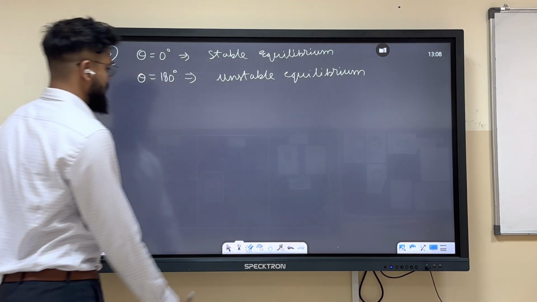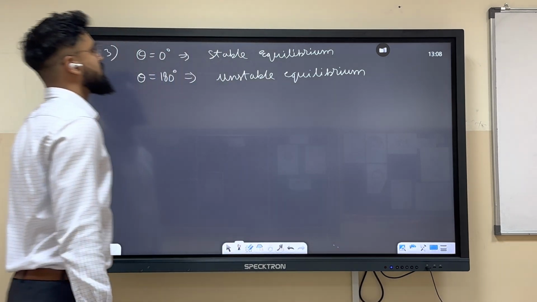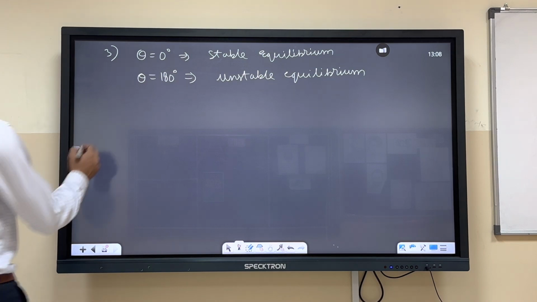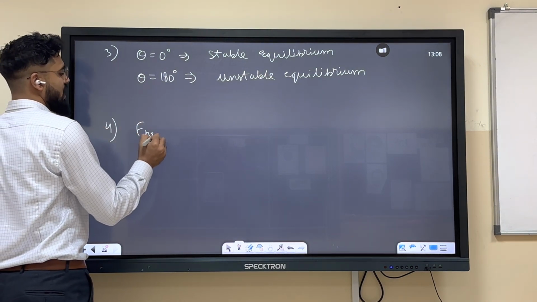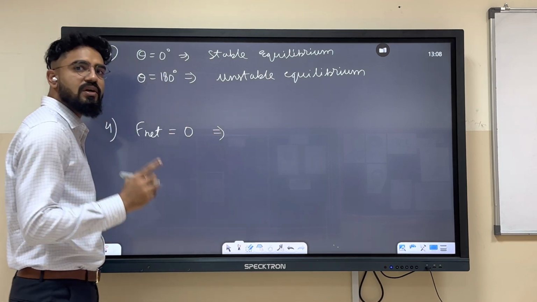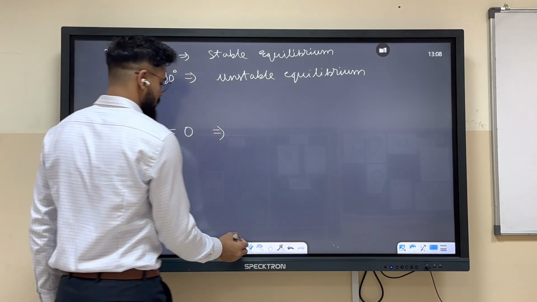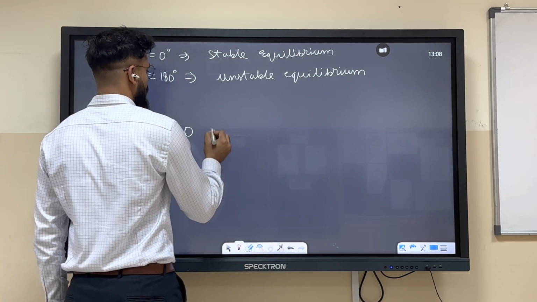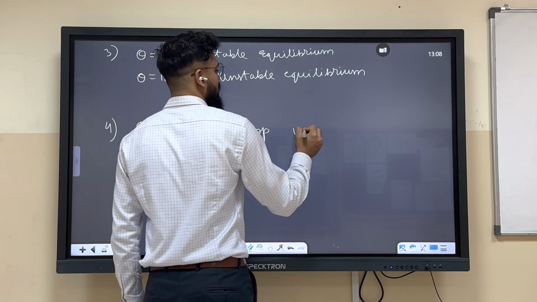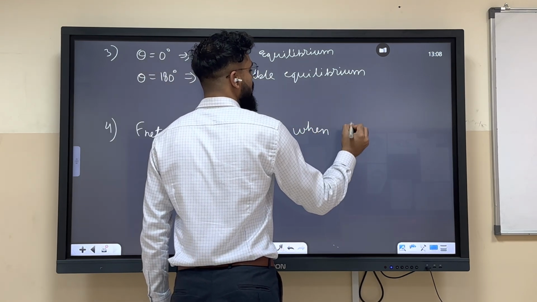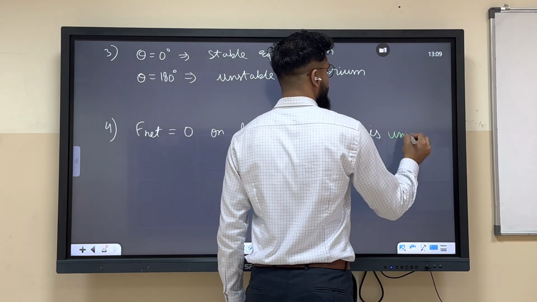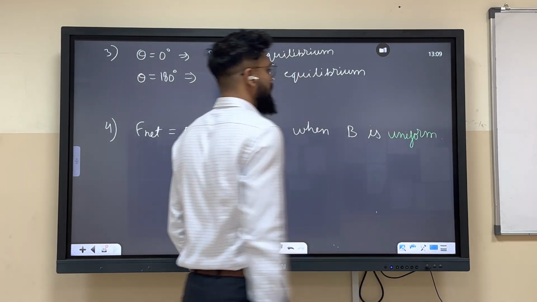Okay, theta equals 0, stable equilibrium. Theta equals 180 degree, unstable equilibrium. Fourth one, F net equals 0. But what is the catch? When magnetic field is constant, F net equals 0 on the loop. When B is uniform, when magnetic field is uniform.